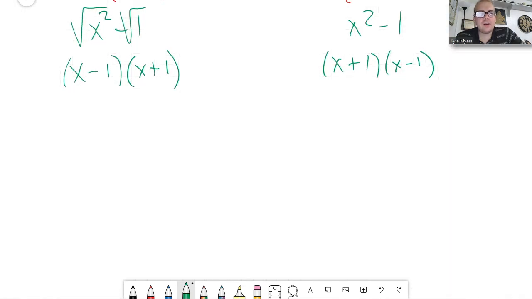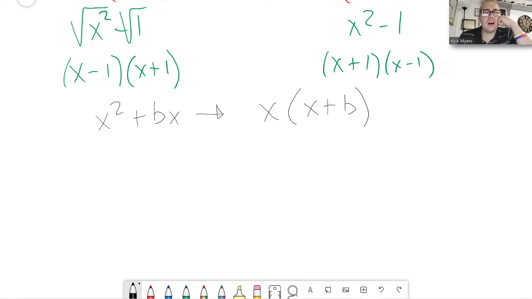If c is 0, then we kind of don't really have a trinomial anyways. I mean, some of these weren't technically trinomials, but if c is 0, you'd have x squared plus bx. So you would just factor out x, and you'd have x plus b.